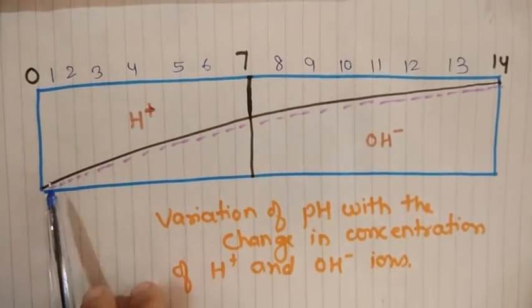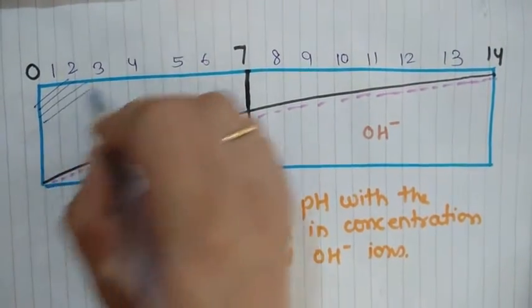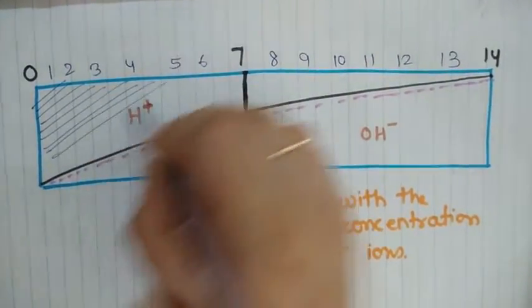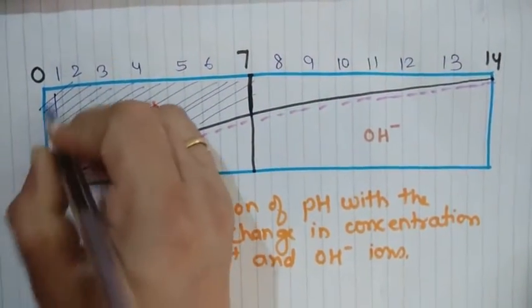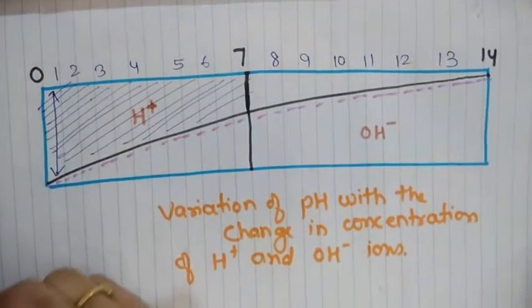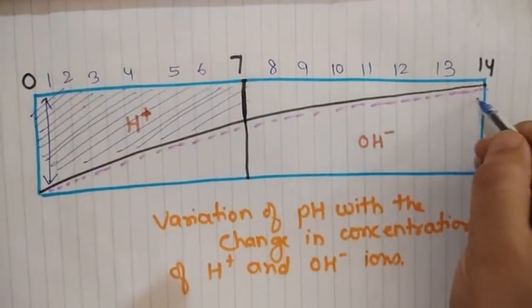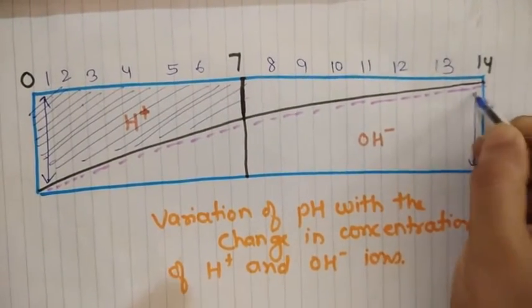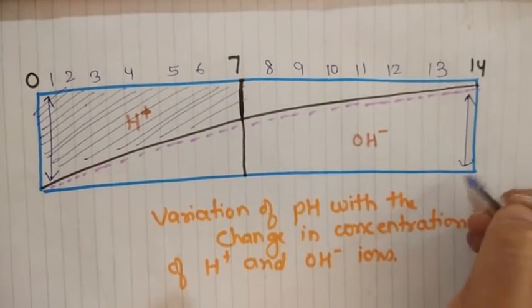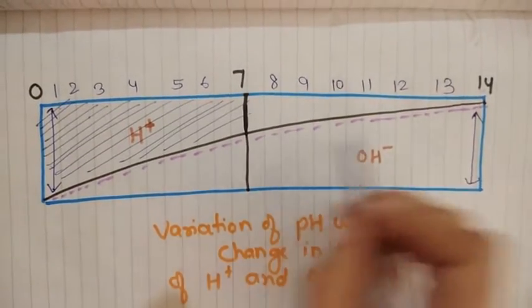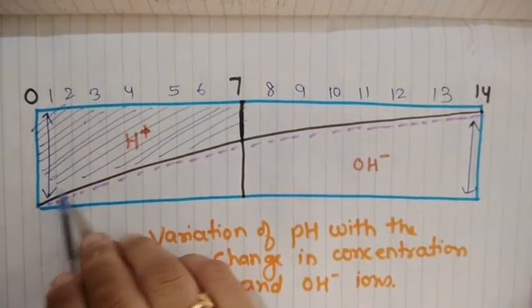Between 0 and 1, the hydrogen ion concentration is maximum, and between 13 and 14, the hydroxyl ion concentration is maximum.